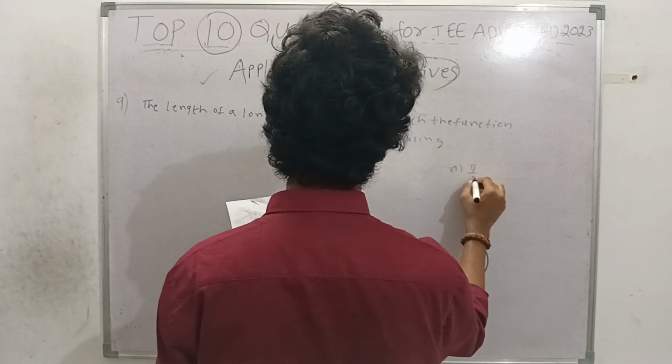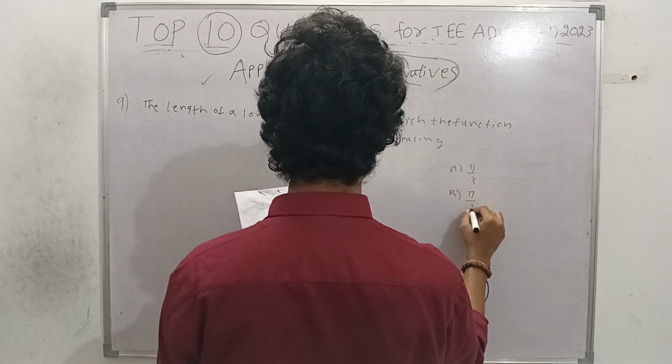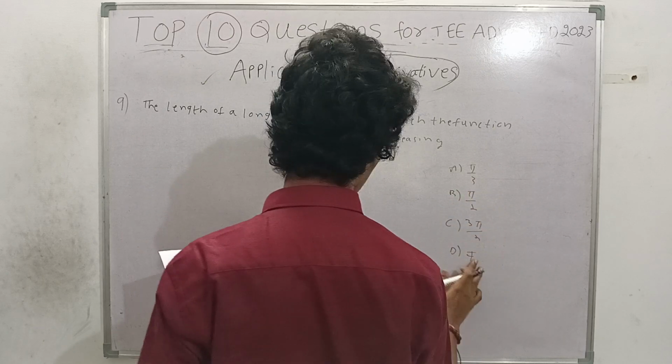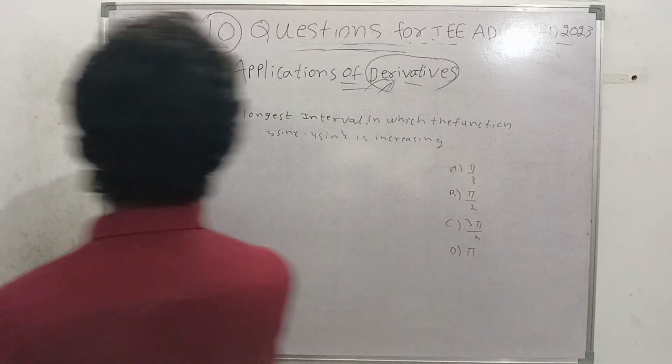Option A pi by 3, option B pi by 2, option C 3 pi by 2, option D pi.